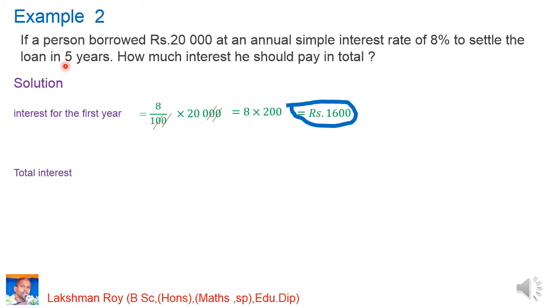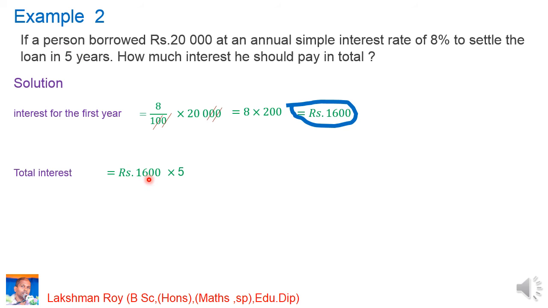So how to calculate the total interest, students? That means the interest he should pay in 5 years. Interest for 1 year, 1,600, should multiply by the number of years, 5.